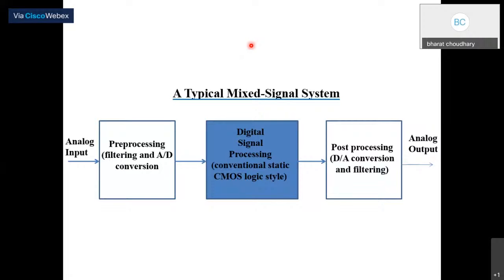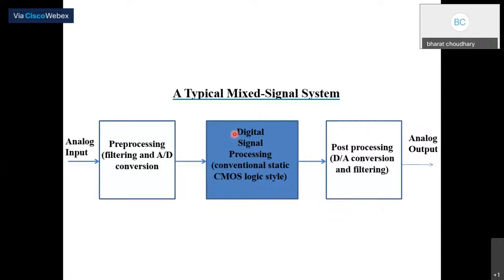After processing, the signal is converted again into the analog version, as we have to reproduce our input as an output. So this is the typical mixed signal block diagram.